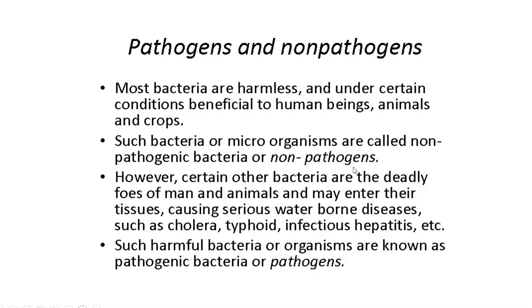However, certain other bacteria are the deadly foes of men and animals and may enter their tissues, causing serious waterborne diseases such as cholera, typhoid, infectious hepatitis, and many other diseases. These are the common diseases caused by them. Such harmful bacteria or organisms are known as pathogenic bacteria or pathogens. So this is very important information on pathogens and non-pathogens.